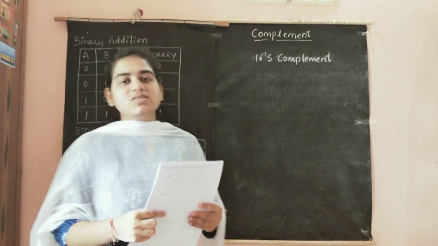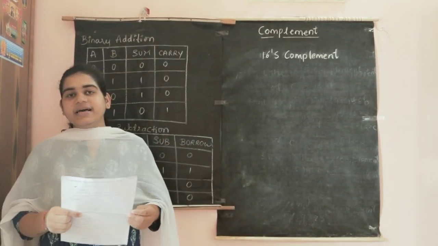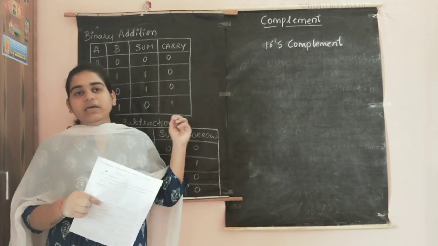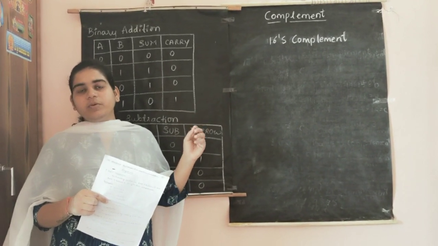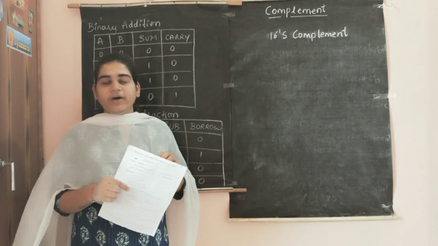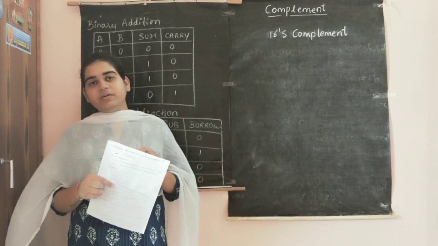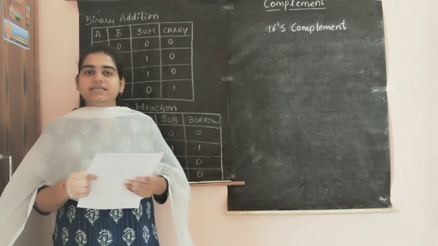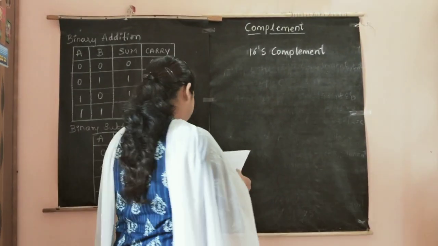So 16's complement can be defined as, again, the 15's complement plus 1 here. So in order to find the 16's complement, first we have to find the 15's complement of the given number, then we have to add 1 to that. So it will give the 16's complement of the given number here.